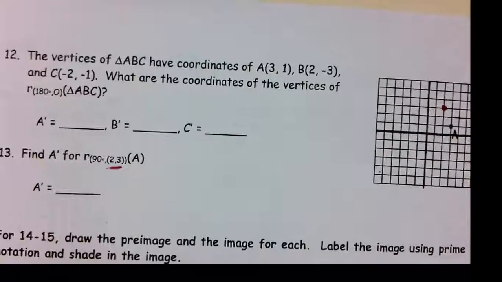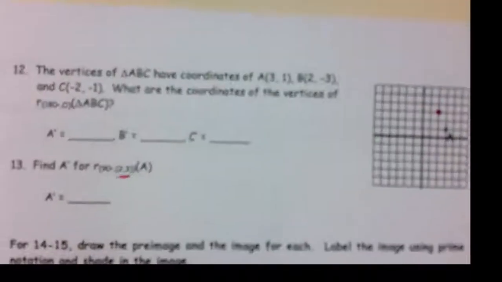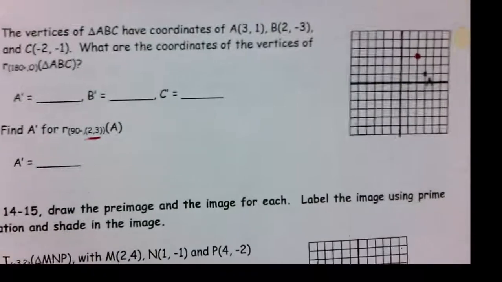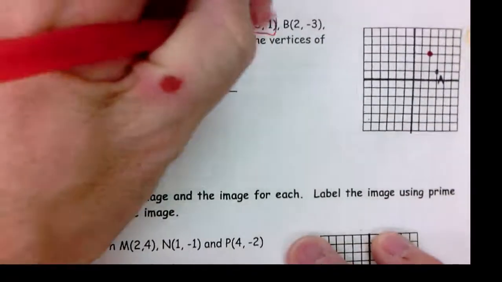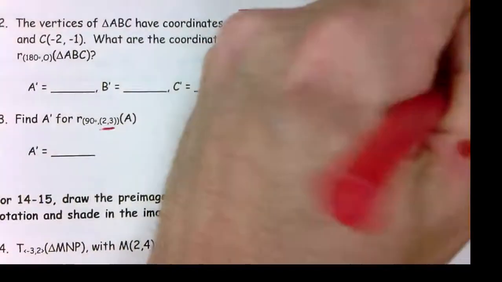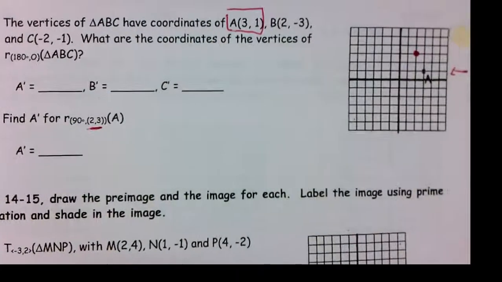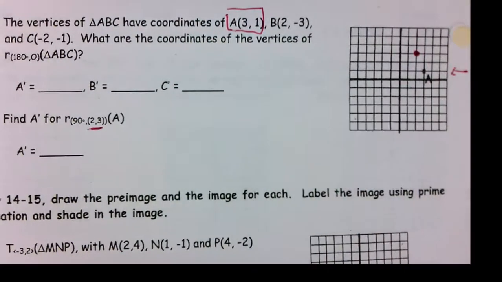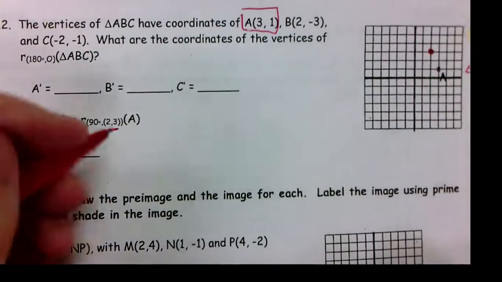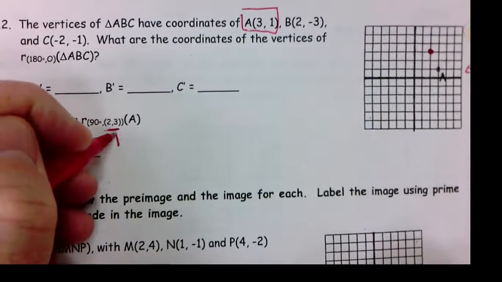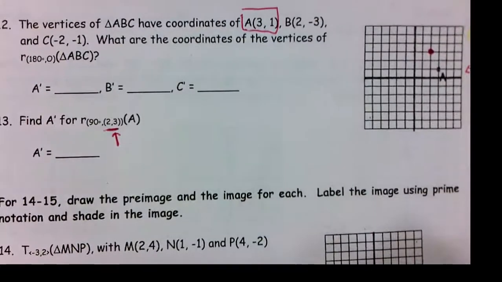Number 13 is a tricky one. So here's the trick to number 13. I am rotating point A, which I have already put on the graph here. I am rotating point A, but I am not rotating it around the origin. I am rotating it around the point 2, 3.